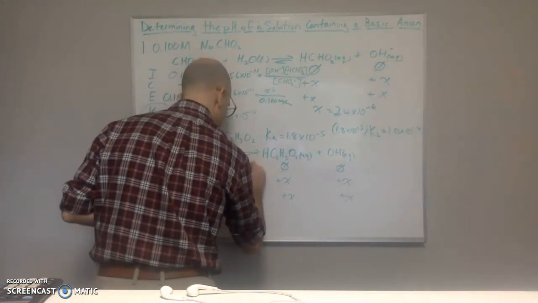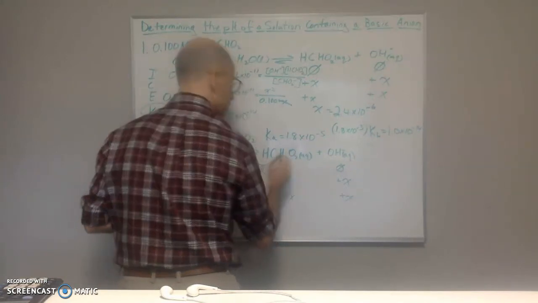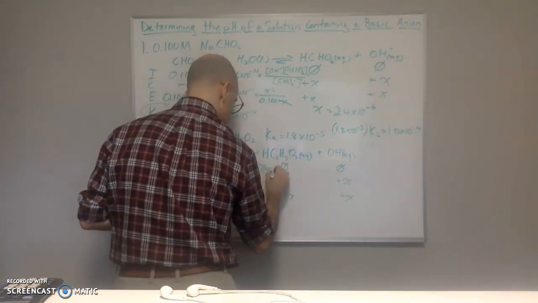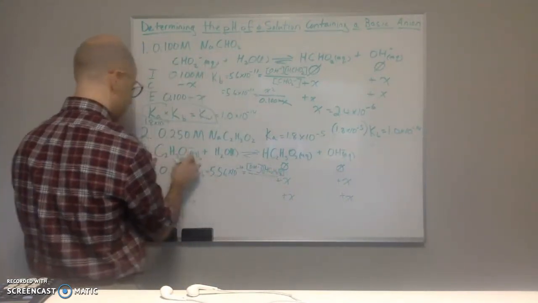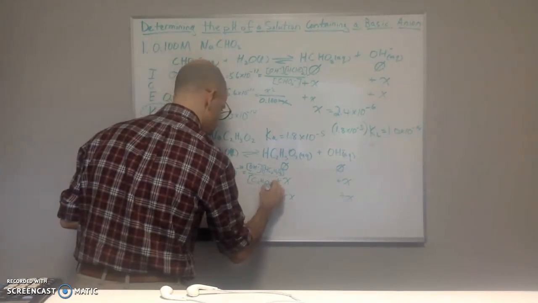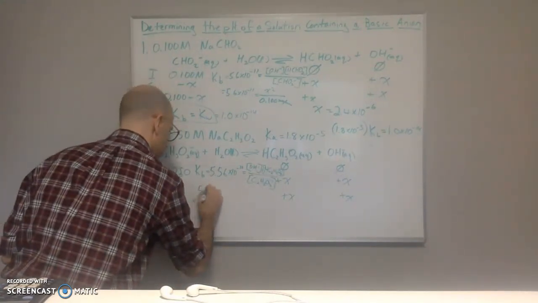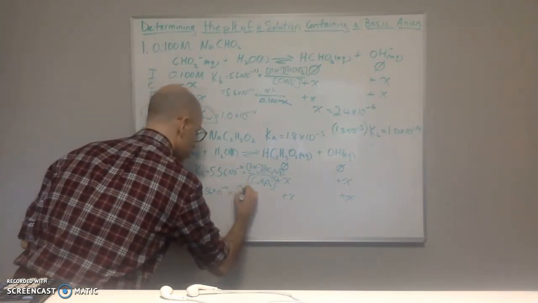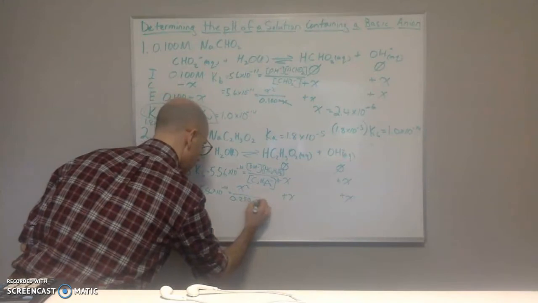And again, this is going to be equal to the concentration of OH minus times the concentration of this part here, HC2H3O2, all over the concentration of our acetate ion, which is C2H3O2 minus. And then we're going to take our equilibrium expression, so 5.56 times 10 to the negative 10 is equal to x squared over 0.250 minus x.